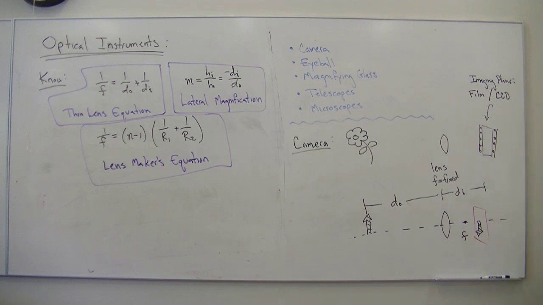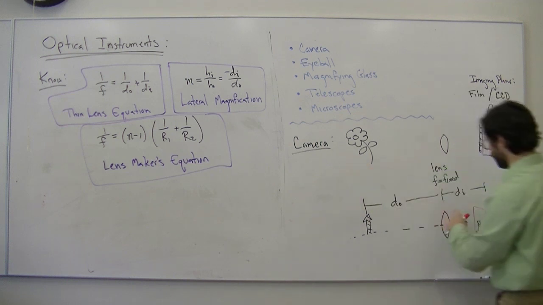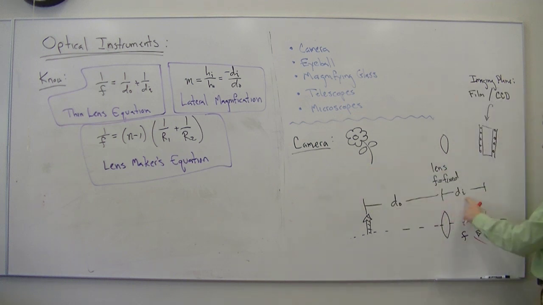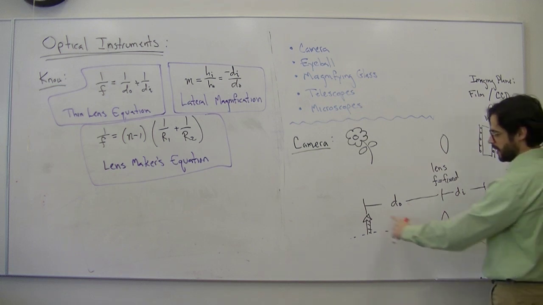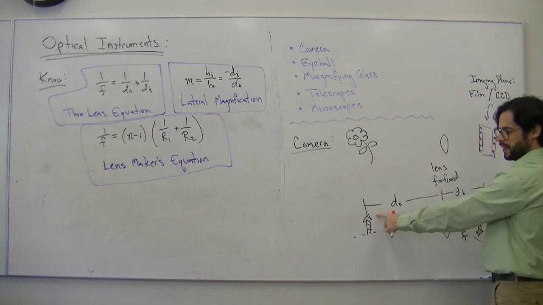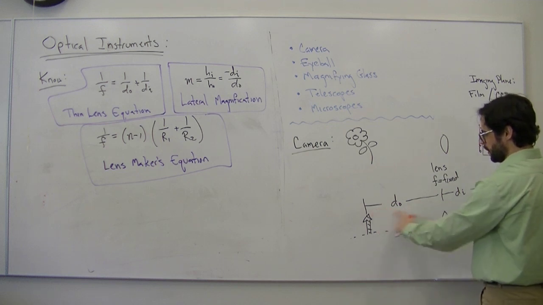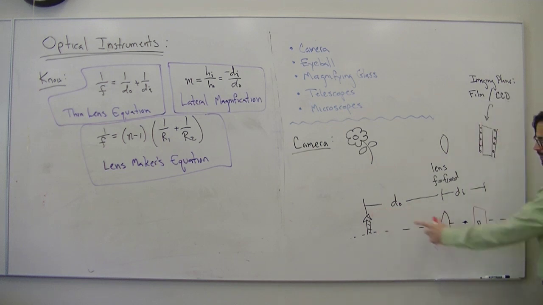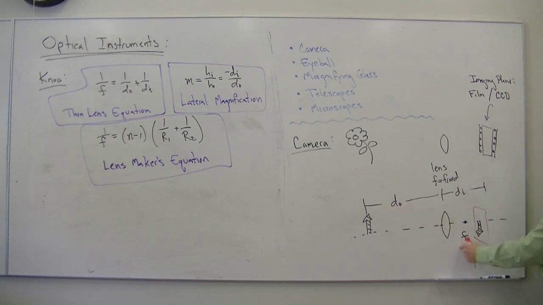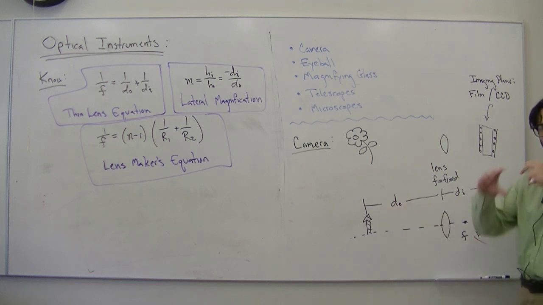In the briefest terms possible, the goal of a camera is that you get to adjust this distance. You can adjust F, and presumably you could tell a model to move closer or farther, but if you're taking a picture of the moon, you don't really get to control DO. This is fixed, this is fixed. This is what you're doing when you're focusing the camera.